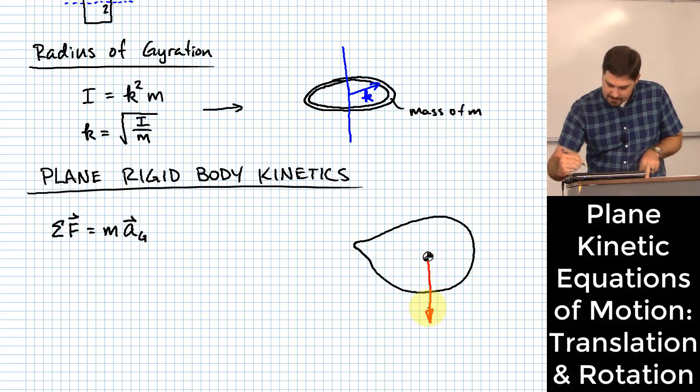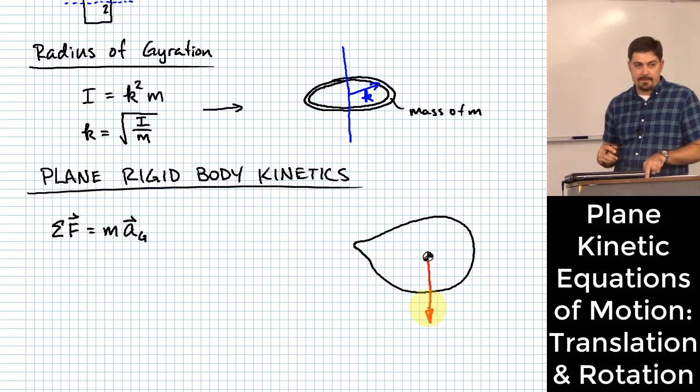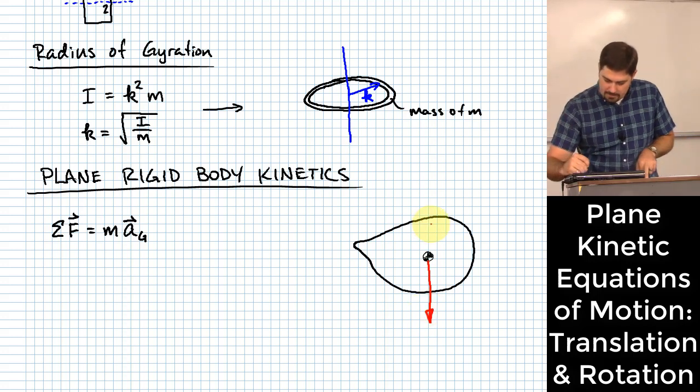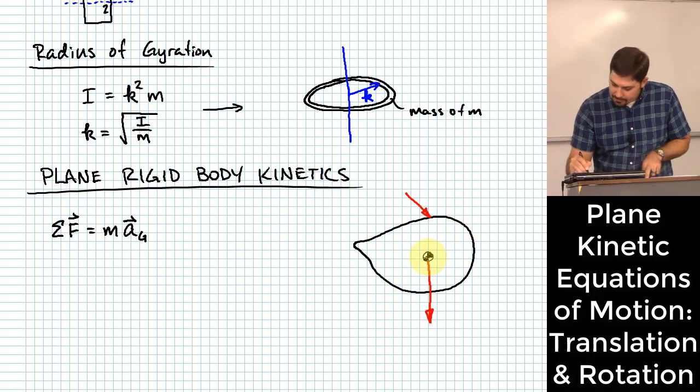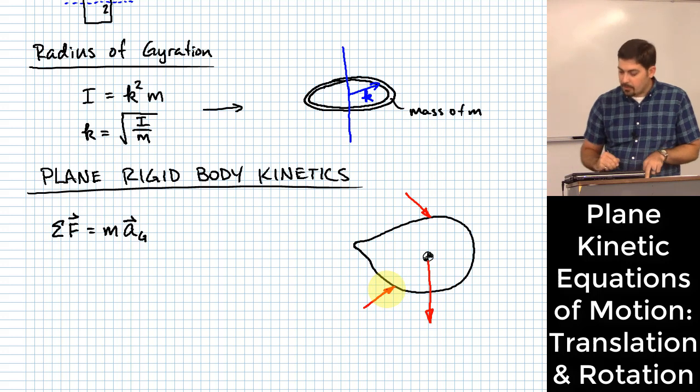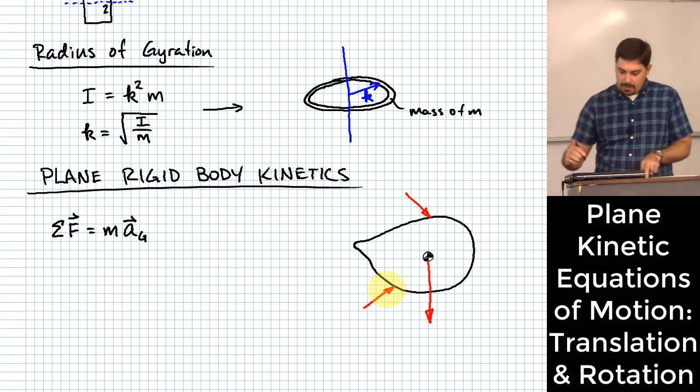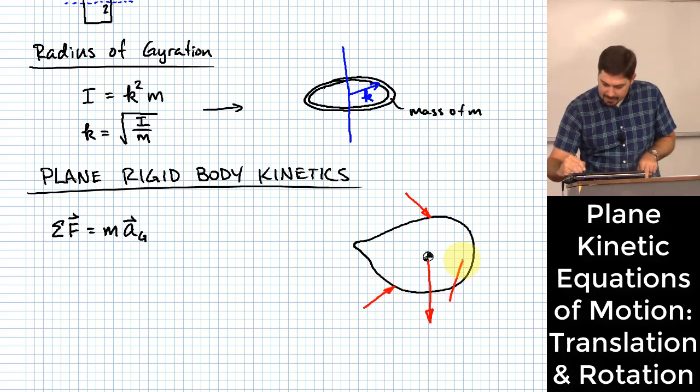That will always act at the center of gravity. That's why it's named that, right? You can have other forces that act. These forces can be on a surface, right? You can have a force maybe that acts like this. You can have forces that line up with the center of gravity, or they don't have to, right?